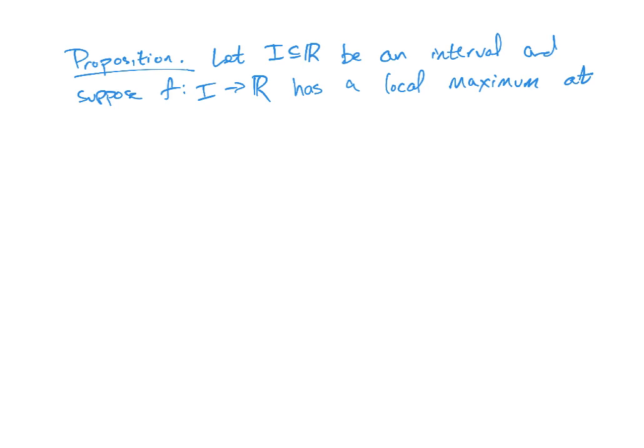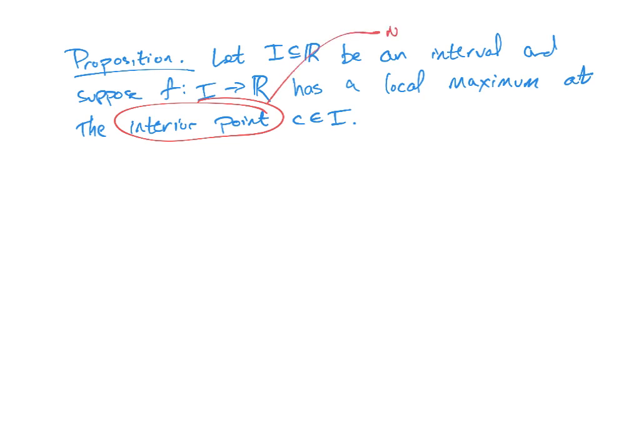Okay, so I want to assume that I've got a local maximum at the interior point, C. Okay. So interior point, literally all that means is it's not an endpoint of the interval. Okay.